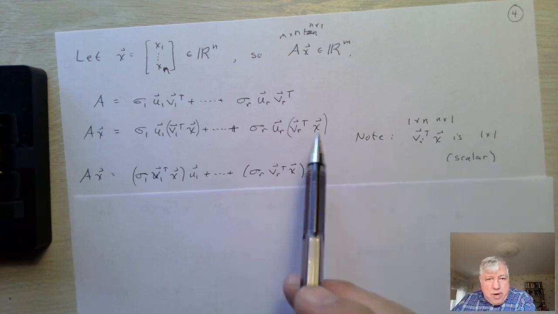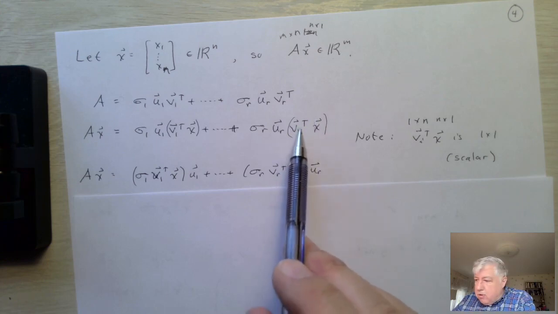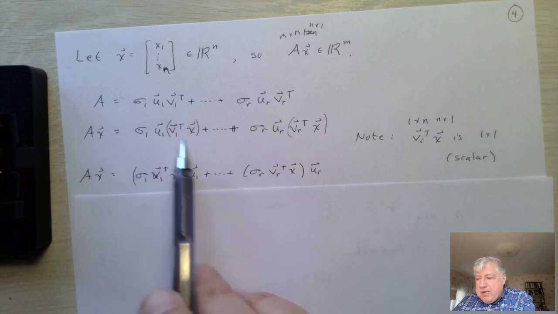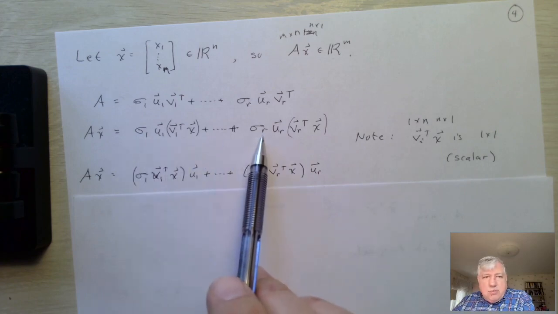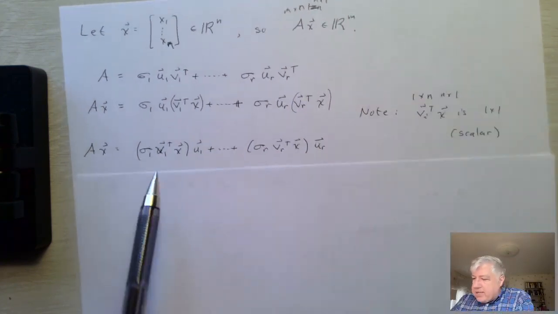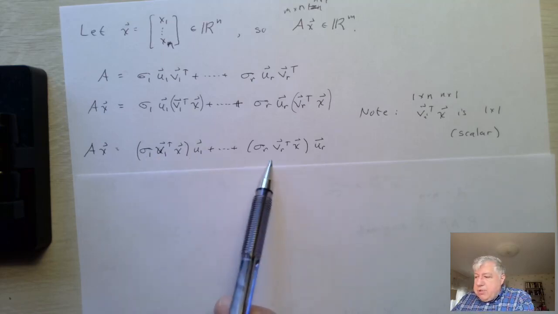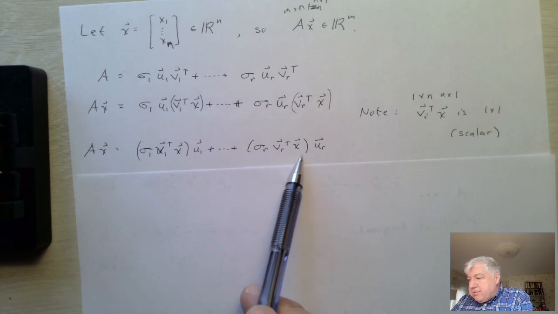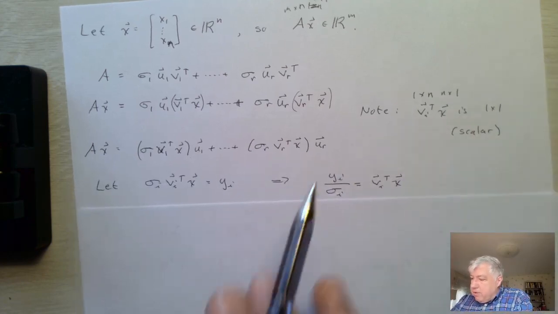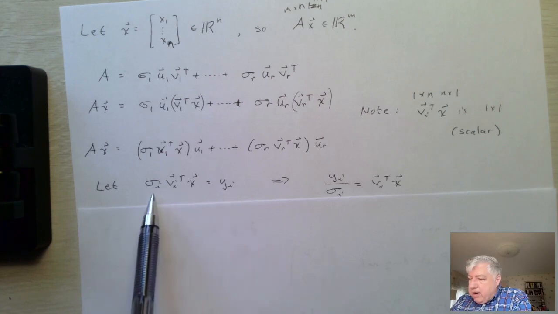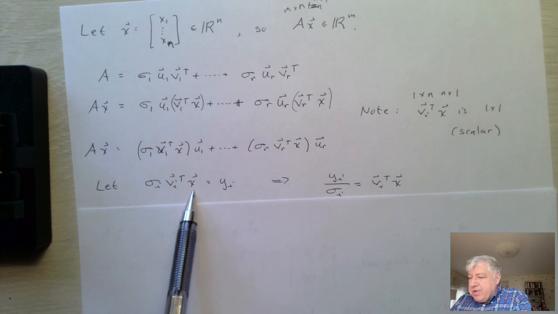So it can essentially be treated as a scalar, a real number. We can pull these over to the other side of the u_i, because sigma is a scalar quantity as well. So Ax is just some number times u1 plus some number times u2 plus dot dot dot plus some number times ur, where we call this number y_i, defined as sigma_i times v_i transpose times x.